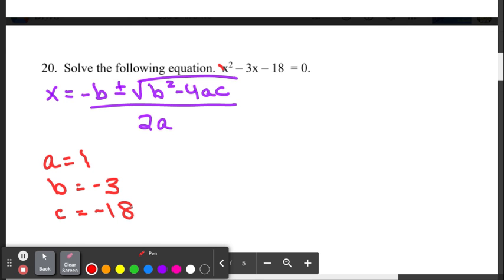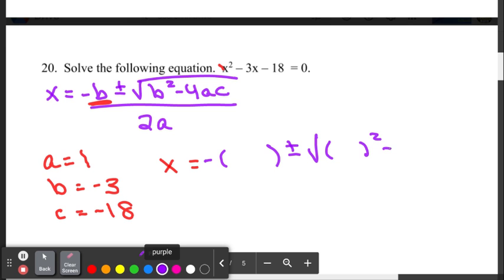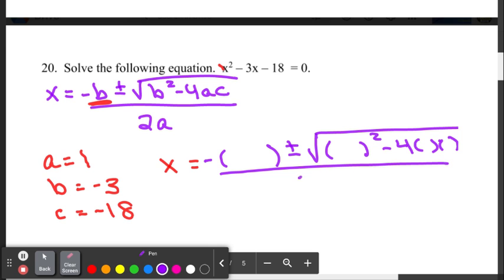So now I'm going to substitute in. So negative b. Actually, I'm going to rewrite this with blanks. All over.